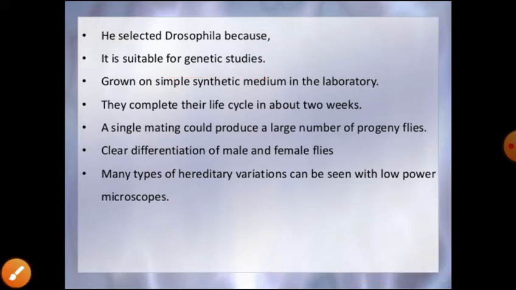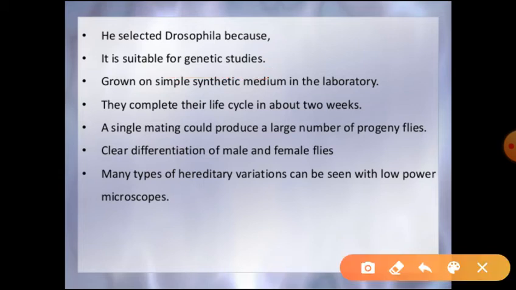First reason. Second, it is easy to grow in lab, and they can be grown on synthetic medium. They complete their life cycle in 2 weeks, so results can be taken in a very short interval. A single mating results in a large number of progeny, so the validity of the experiment or data is increased.